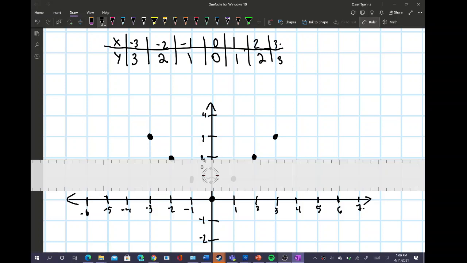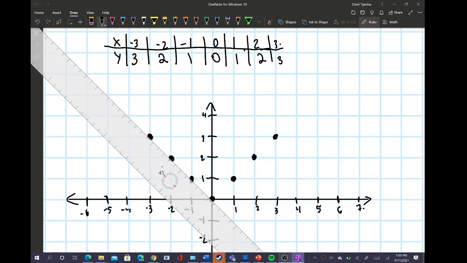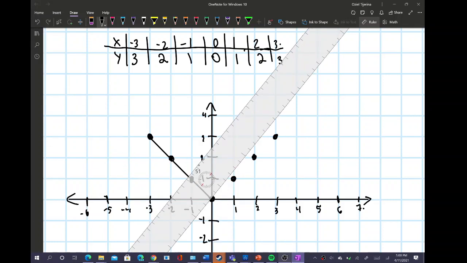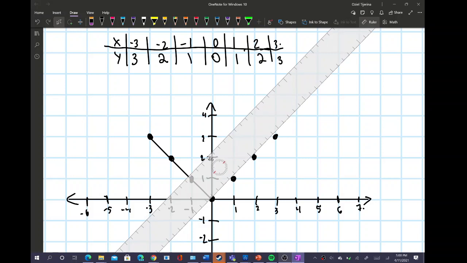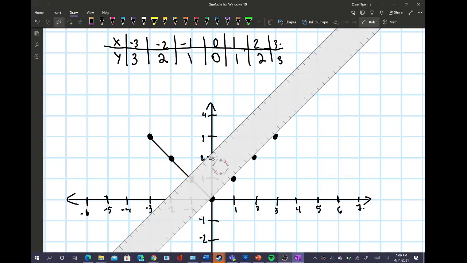And so what you do is you go ahead and trace a line on both of these parts, right?